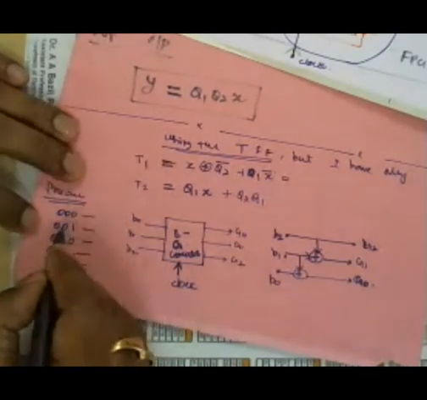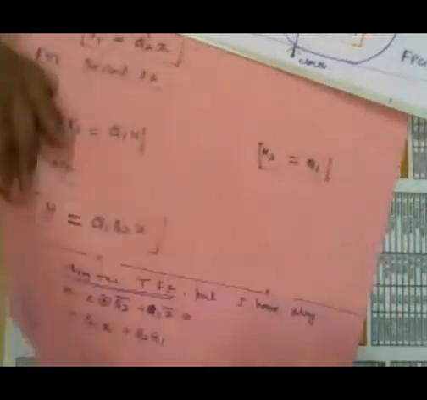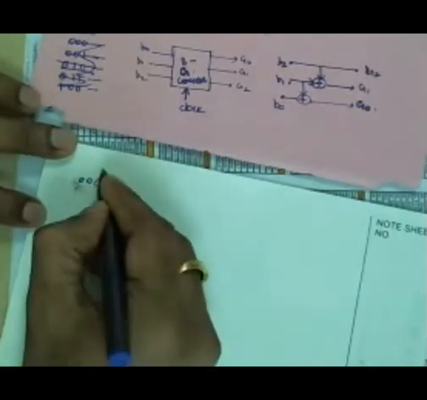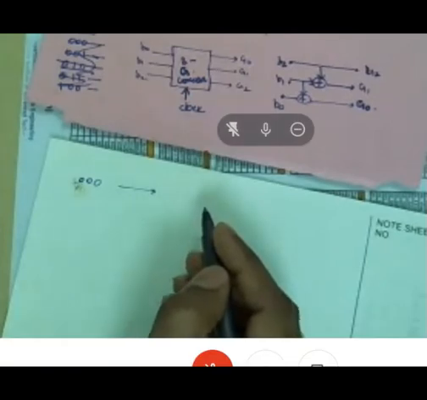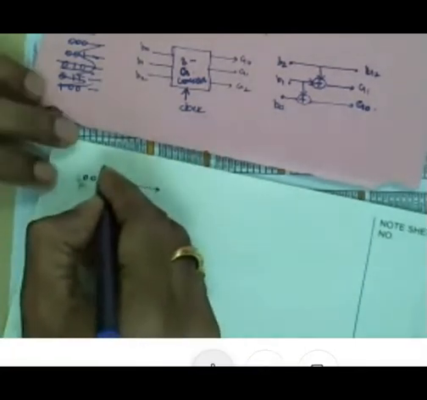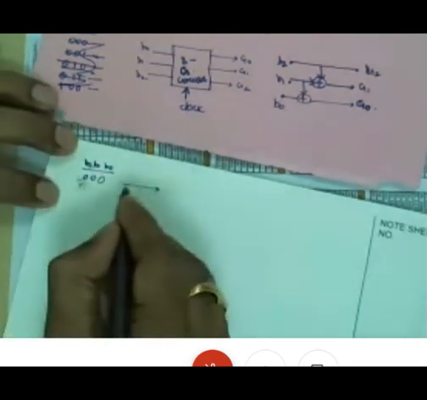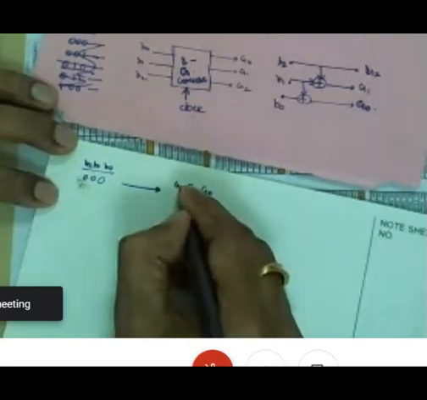You tell me now. You have to understand one logic here. If 0, 0, 0 is the input, what will be the output? Because I am taking this as B0, B1, B2, what will be the G0, G1, G2?